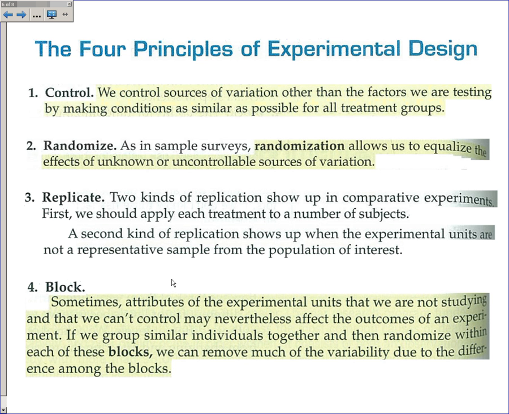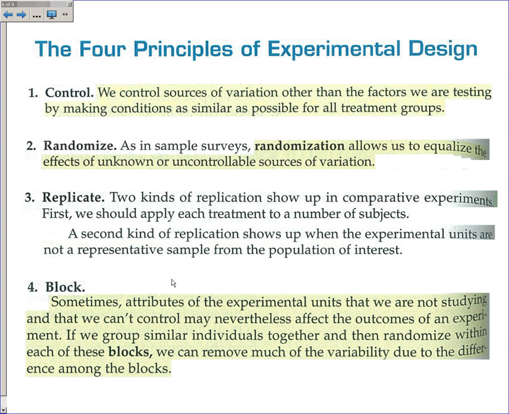So let's go back. The 4th principle is blocking. Sometimes there are attributes of your experimental units that you can't control, but may affect the experiment. Okay, in that case, you'll want to block your experiment.